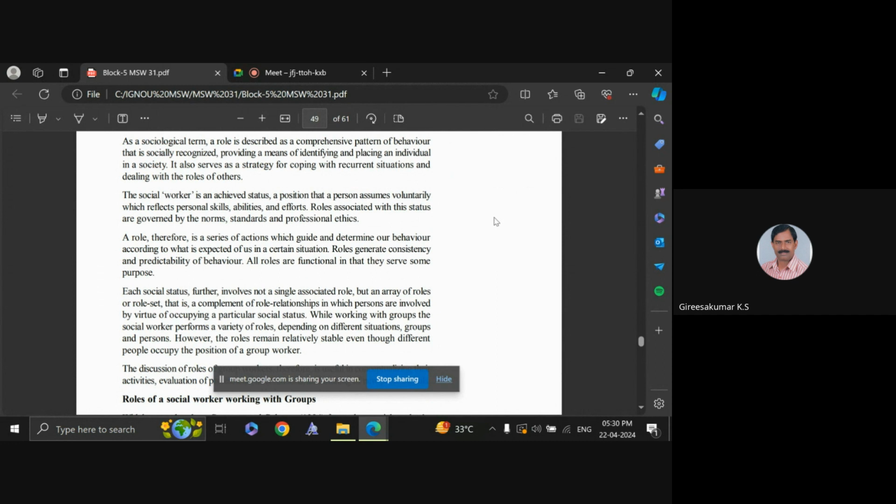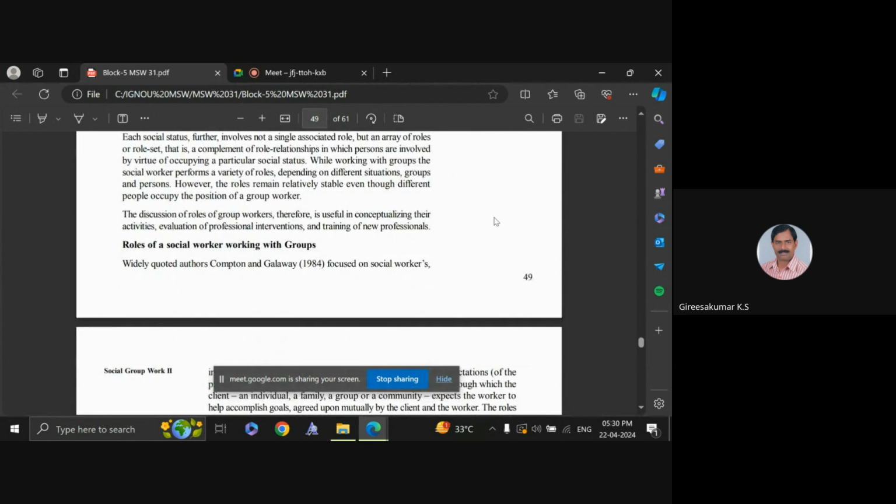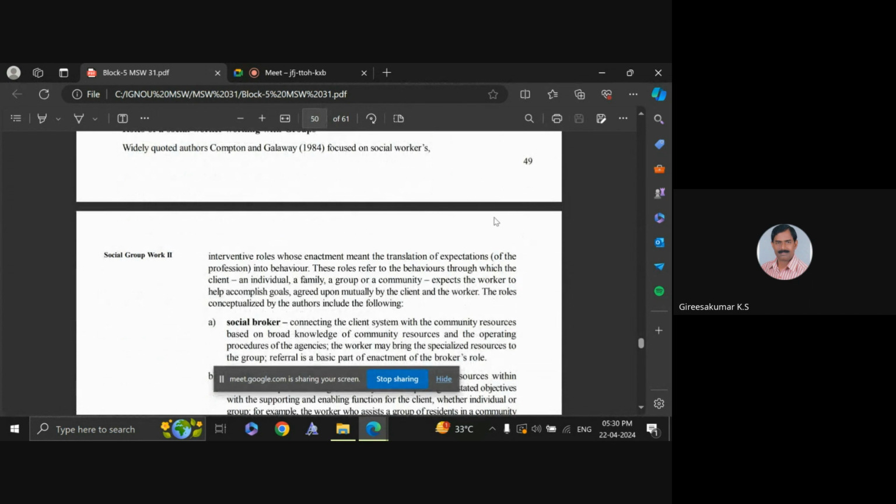A social worker working with groups has different roles. First, a social broker, that is, connecting the client system with community resources based on broad knowledge of community resources and the operating procedures of the agencies.